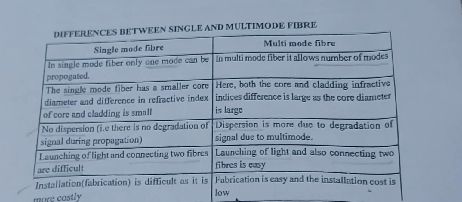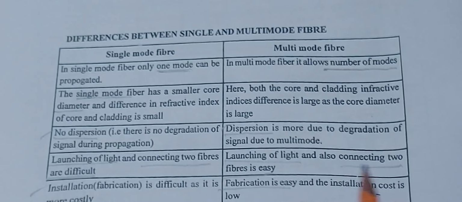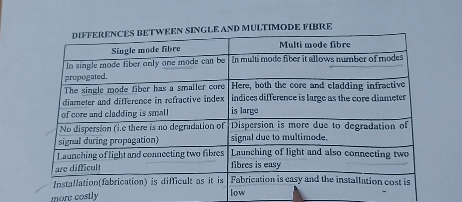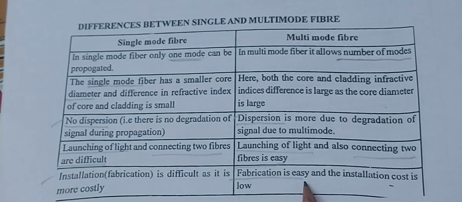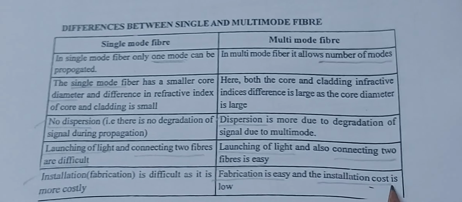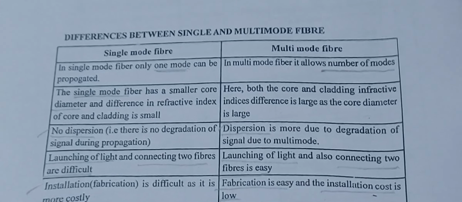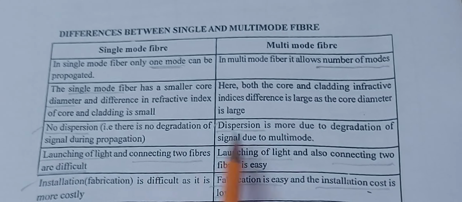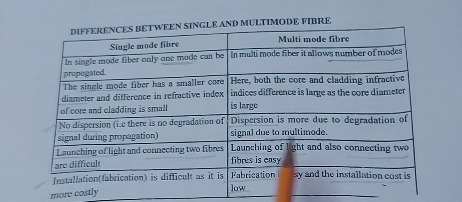But in multi-mode fiber, fabrication is very easy because the diameter of the core is large, so we can easily fabricate it, and installation cost is low. This is the difference between single mode and multi-mode fiber.